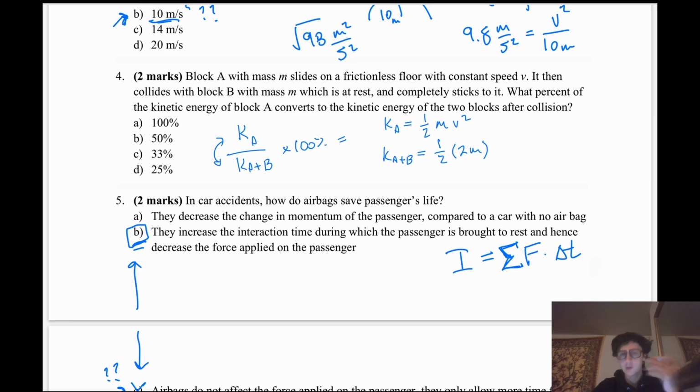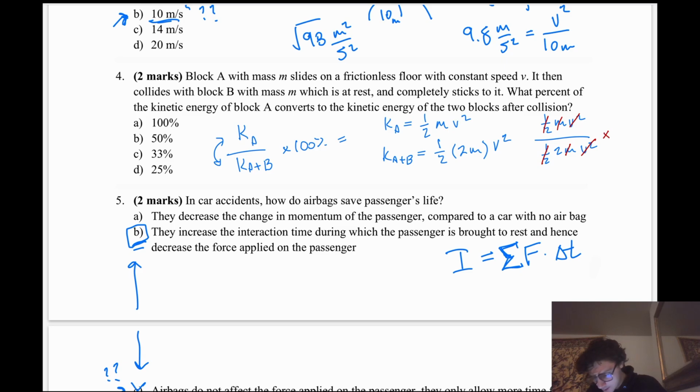So where does the velocity go? They don't give us a velocity. So if I put v squared here, let's just do Ka over Ka plus Kb. 1/2 mv squared over 1/2 2mv squared. So what we get here is the 1/2 cancels with the 1/2, the m cancels with the m, the v squared cancels with the v squared.